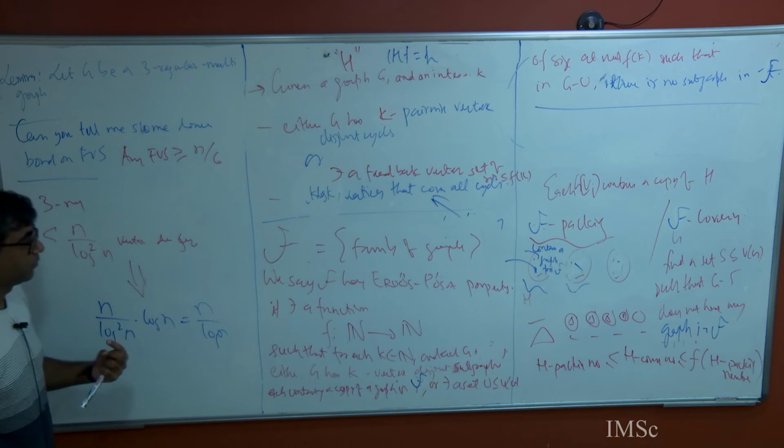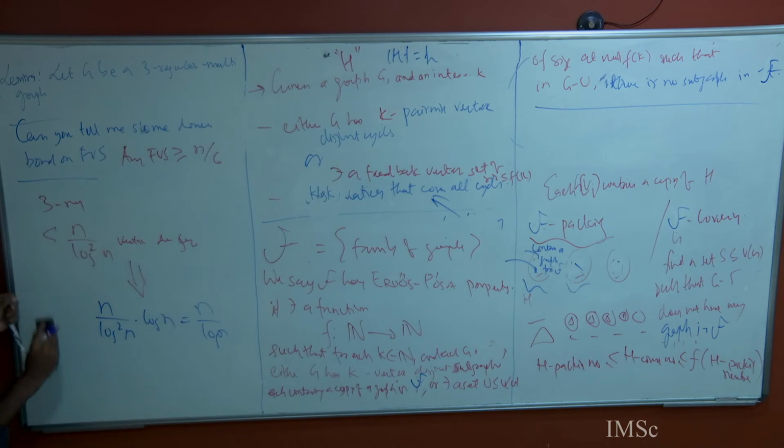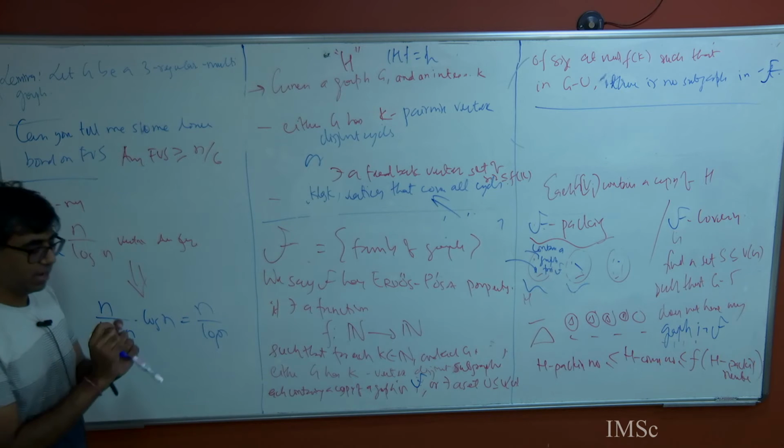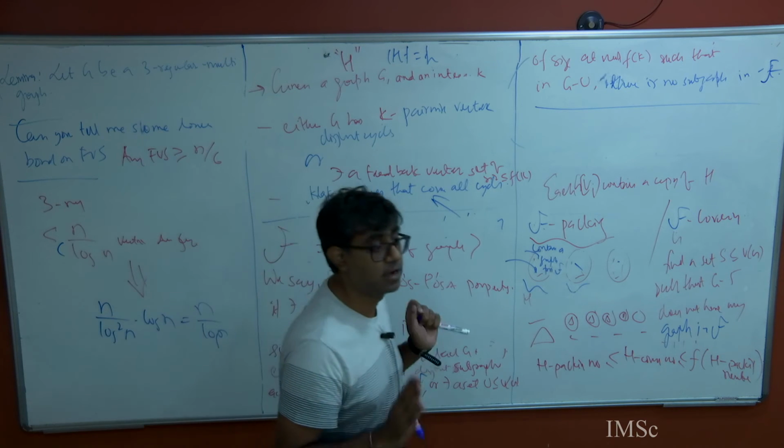So it implies that there cannot exist a 3 regular graph, again I am talking asymptotics, which has at most n by log square n. In fact, anything less than this seems stupid, with of course some constant here. So every 3 regular graph contains roughly n divided by big O of log n vertex disjoint cycles.